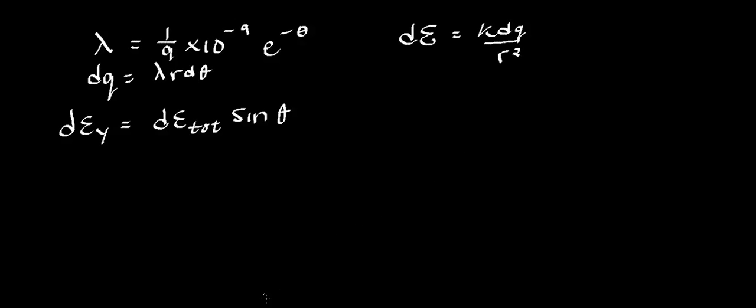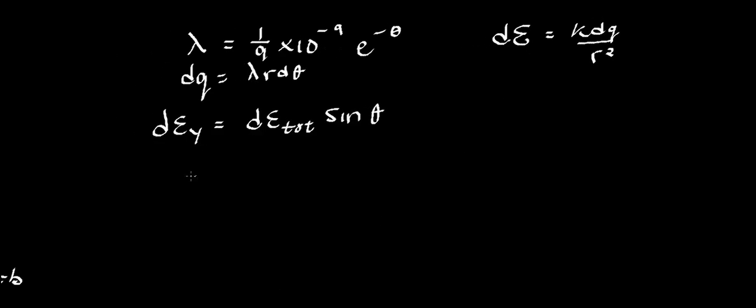So let's set up the differential. We can say that the differential element of the electric field in the y direction is equal to k times dq, right, over r squared. That basically says the electric field total, but we want that multiplied times the sine of theta.